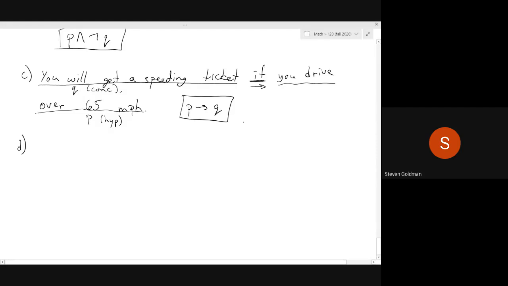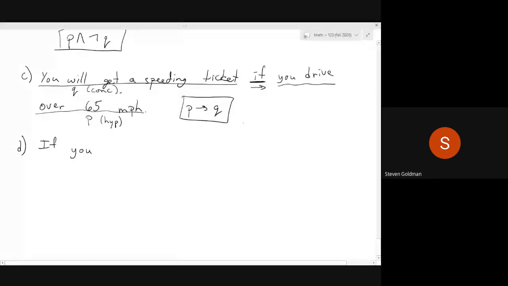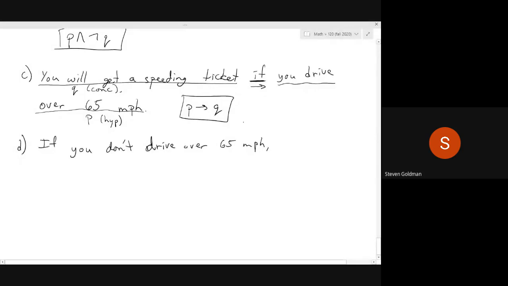Let's try the next one. Here is the sentence. If you don't drive over 65 miles per hour, then you will not get a speeding ticket.